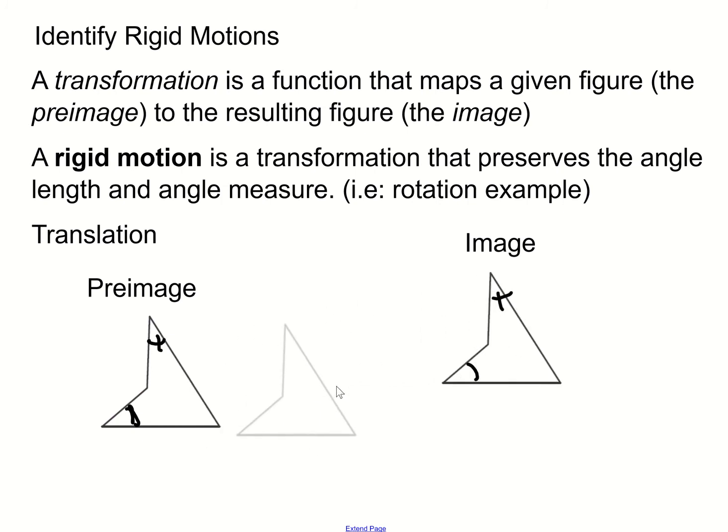In this case, I slid it to the right and I slid it up, and that original pre-image now becomes the image now that I translated it. But notice that the image has the same angle measures, the same angle relationships, and the same side lengths. So nothing else has changed in this image. And so this is referred to as a rigid motion. So a translation as well as a rotation are examples of rigid motions.